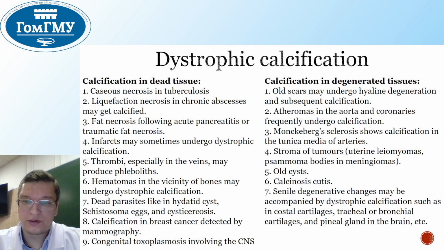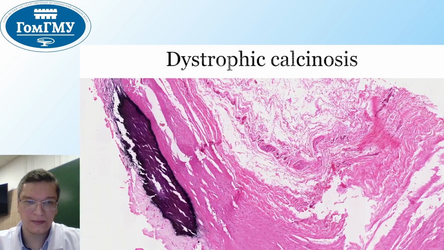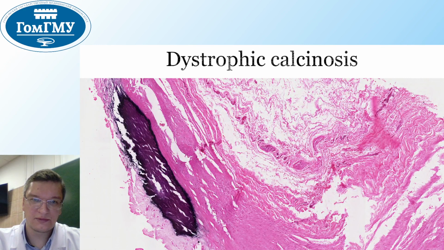And senile degenerative changes may be accompanied by dystrophic calcification, such as in costal cartilages, tracheobronchial cartilages, and so on. This is a classical example of dystrophic calcinosis when we see very dark staining material, which is actually calcium in an artery.